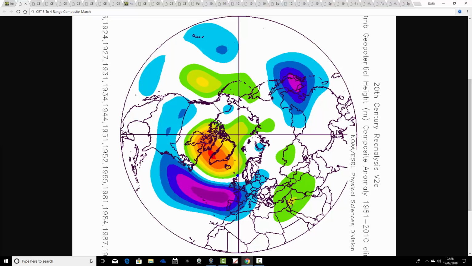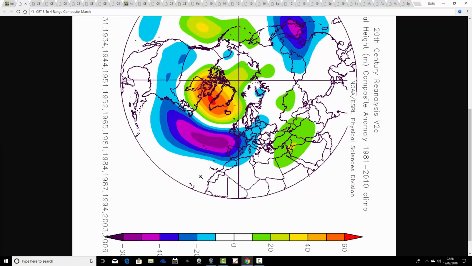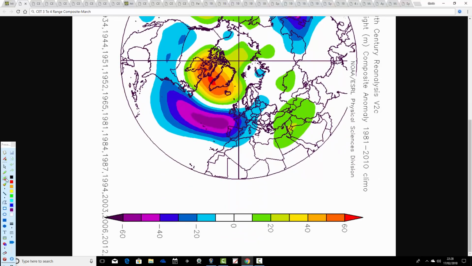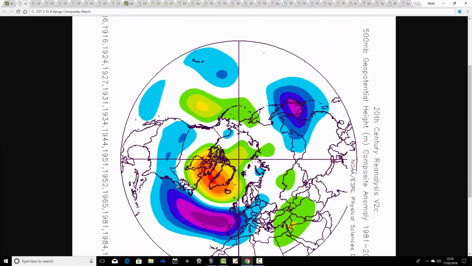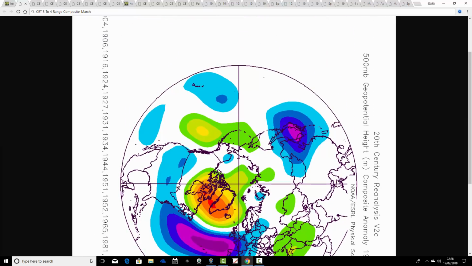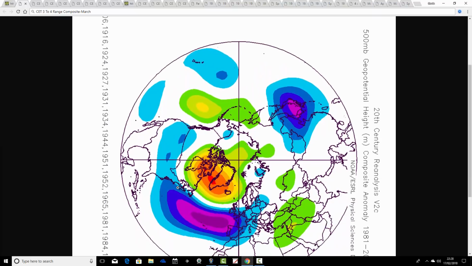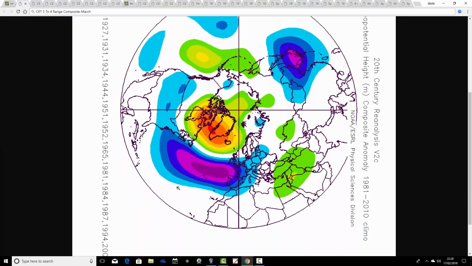Do bear in mind there are several years in there that are deviating. For example, we've got 2012, which would be a pretty mild March, to say the least. That was a warm March, but we've also got some very cold Marches in there. Let's try and find one. How about 1987? That was a very cold March indeed.